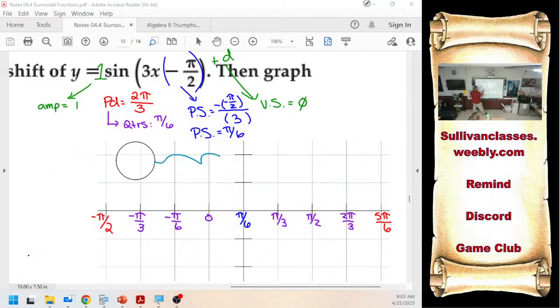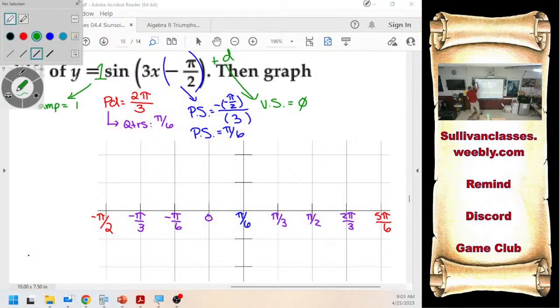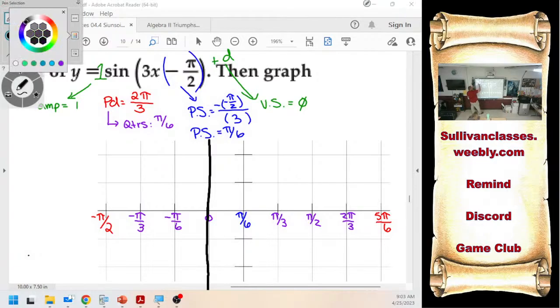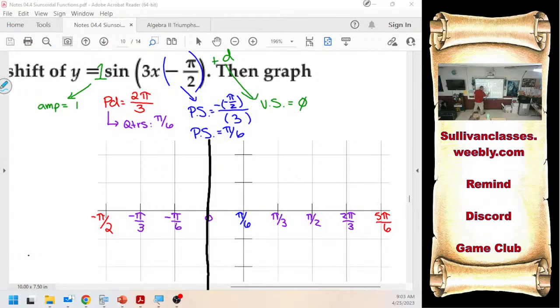Because my phase shift is pi over 6, that means I'm not starting here. Don't make this line. I'm starting over here. Does sine normally start at 0 or 1? 0.